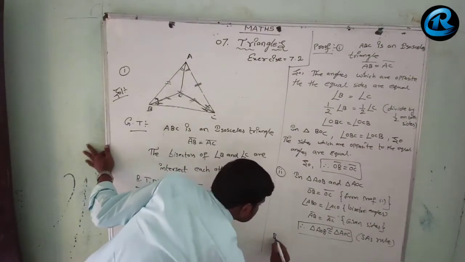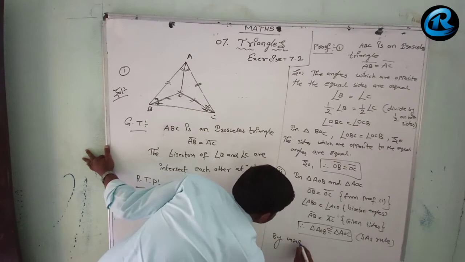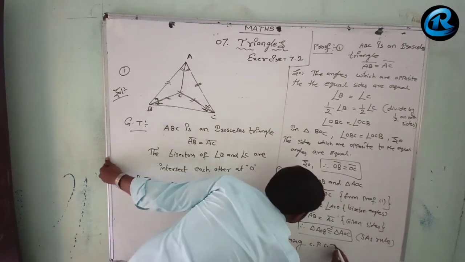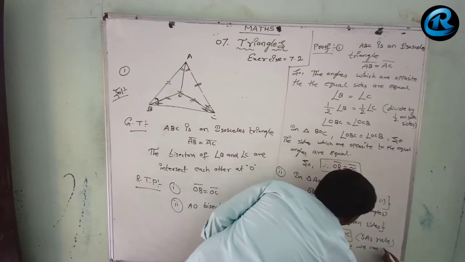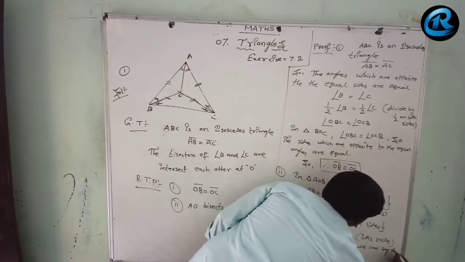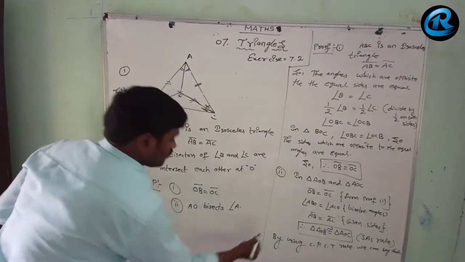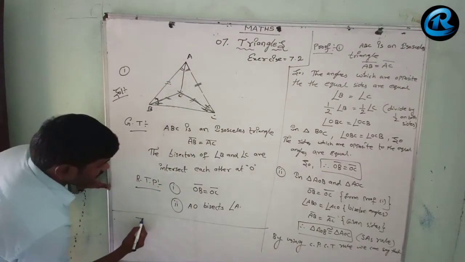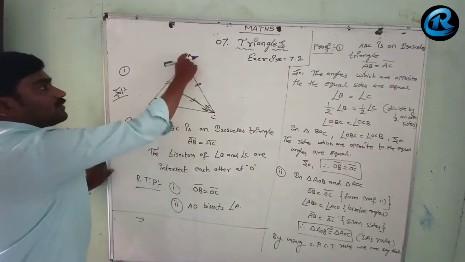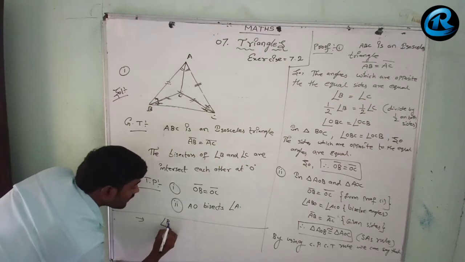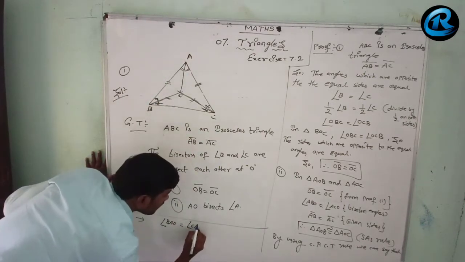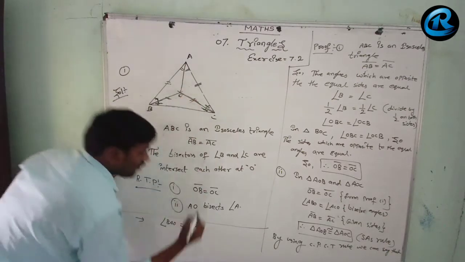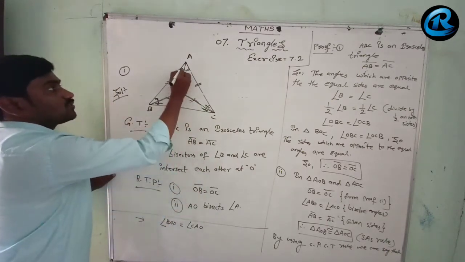By using the CPCT rule, we can say that angle BAO is equal to angle CAO. That means these two angles are equal.